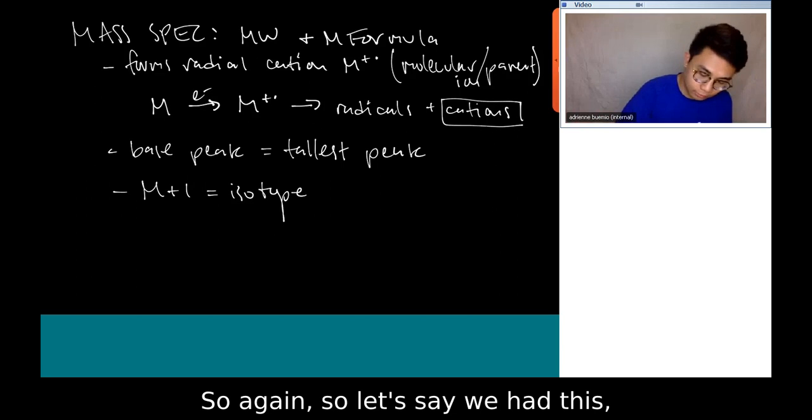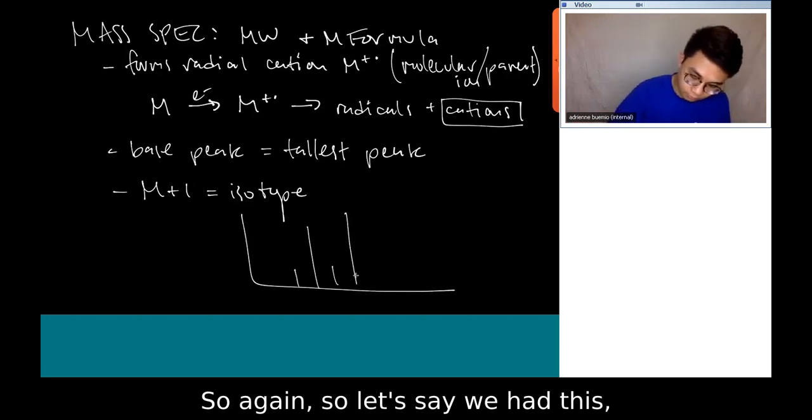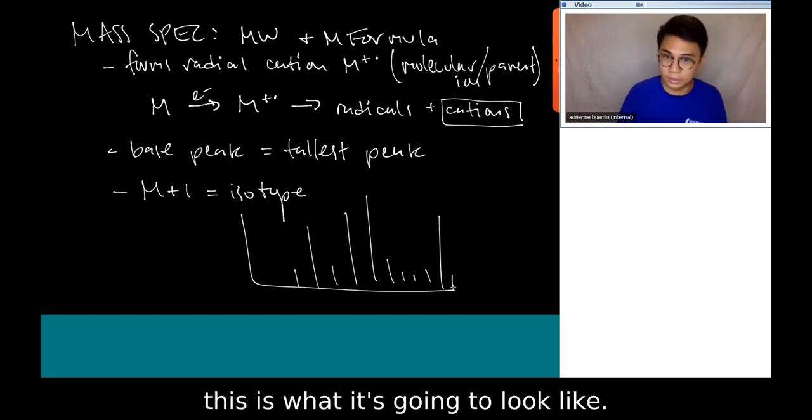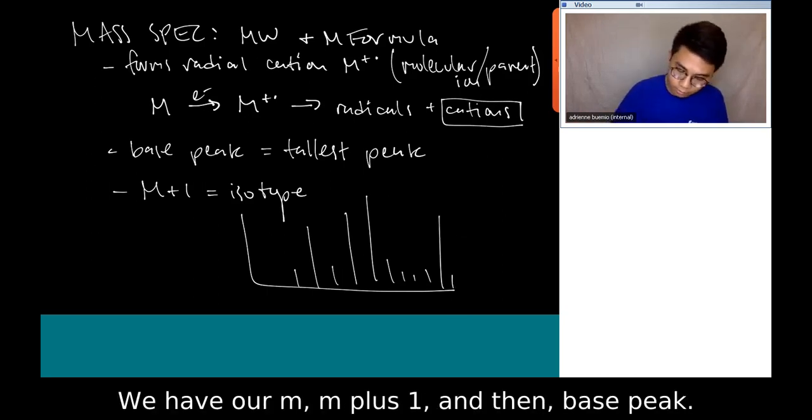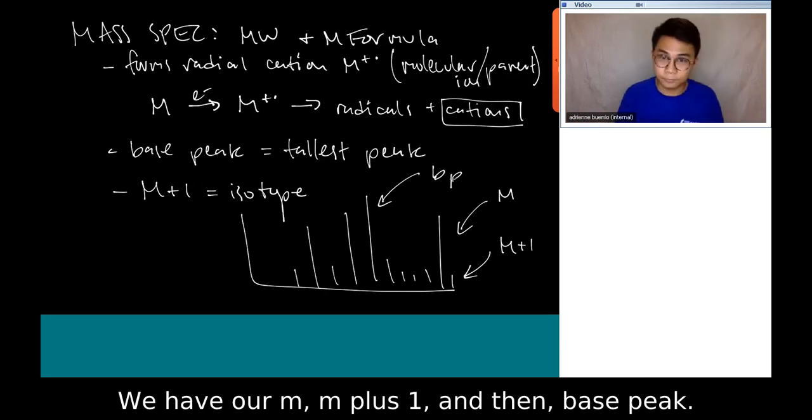So again, let's say we had this, right? So this is what it's going to look like. You have our m, n+1, right? And then base peak, right?